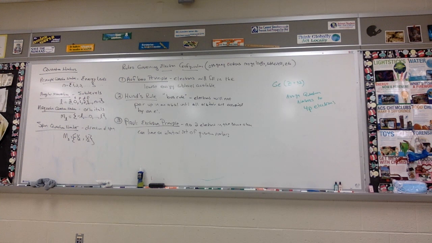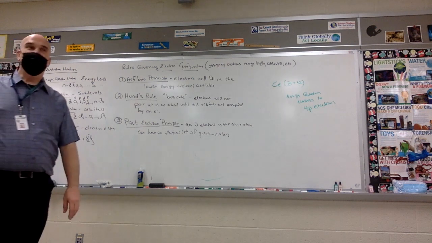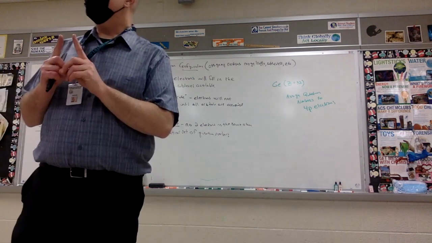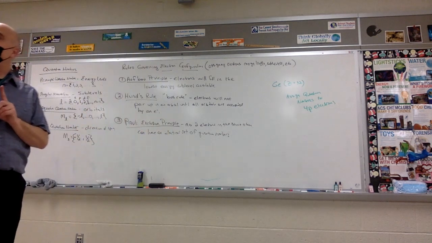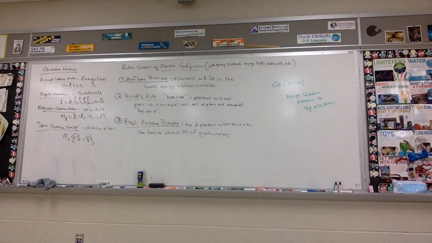So 3 of the 4 numbers can be the same, but not all 4. If you put them in the same orbital and they were also spinning the same direction, there'd be so much repulsion because they repel each other electrically and magnetically. There's no way they can occupy the same space. That makes sense.